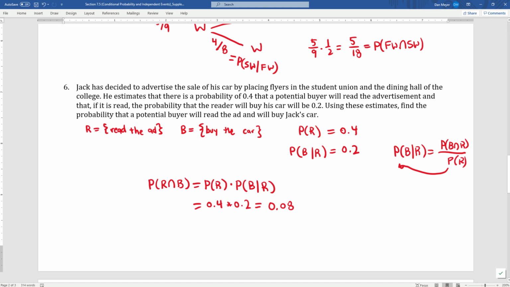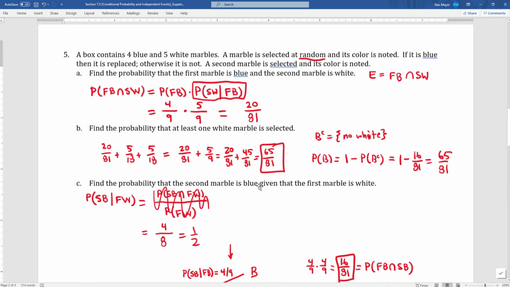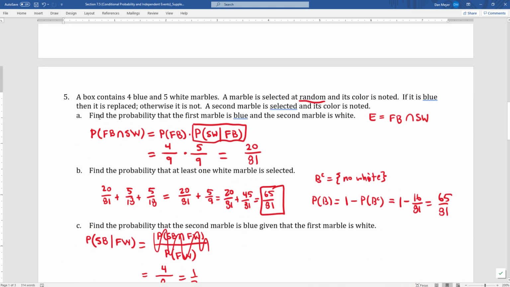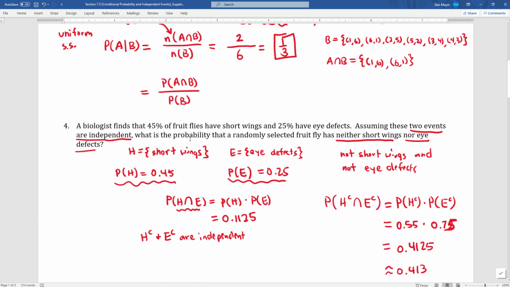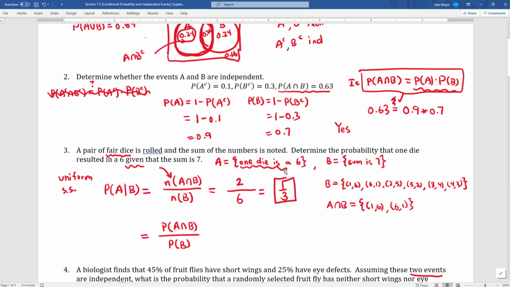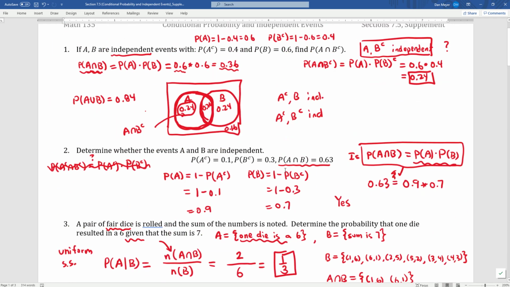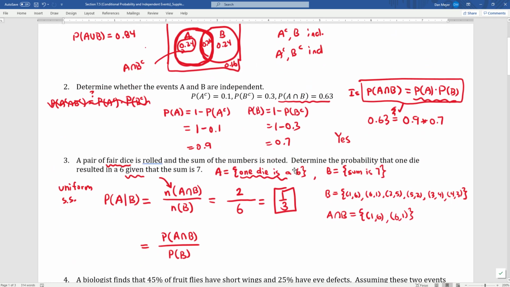Now, one of the things I want to point out here is this product rule that got the job done for us in 6, right at the beginning of part A, except we had to think a little bit about that. And I thought there was another formula that got the job done for us really quickly at the beginning, in 2, the fact about independent events.